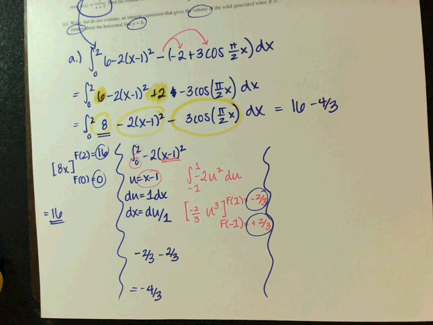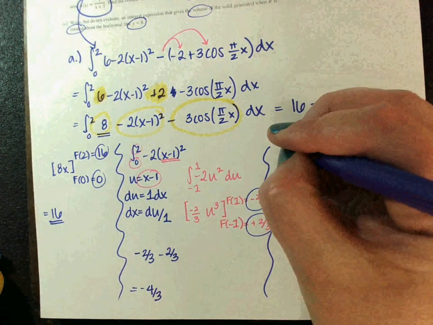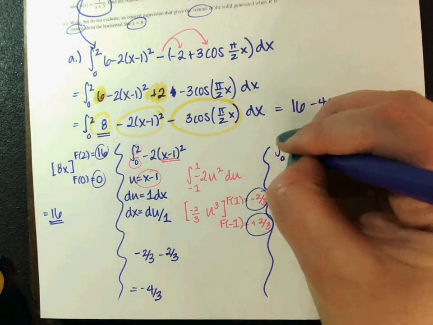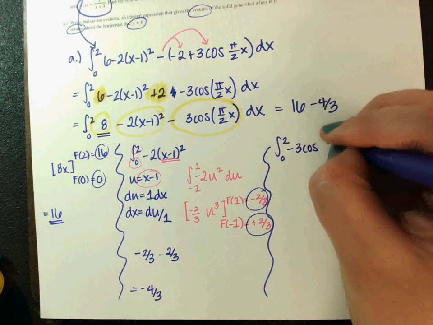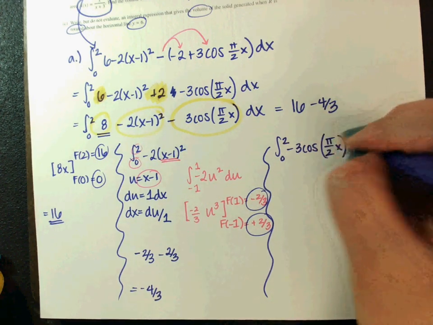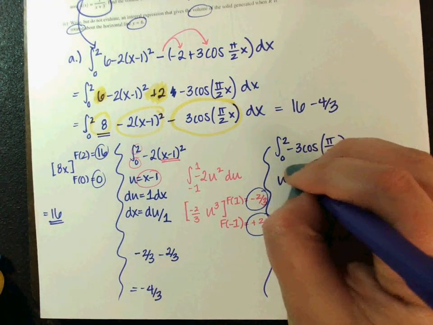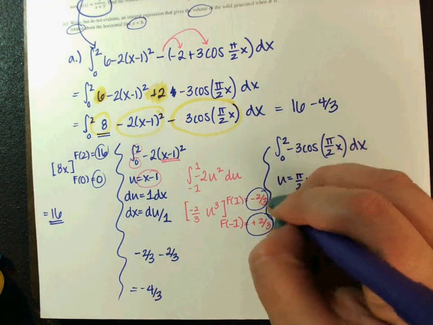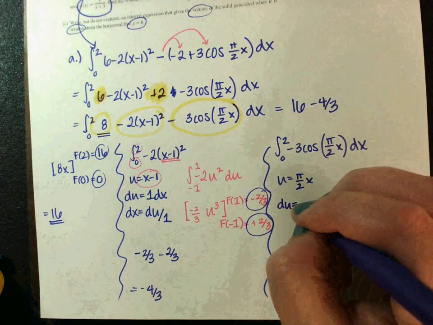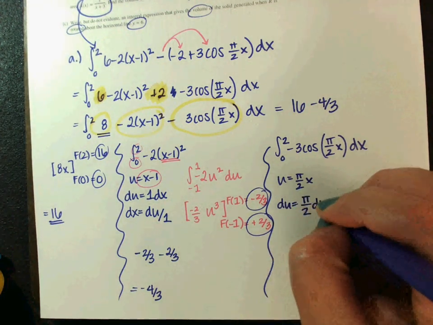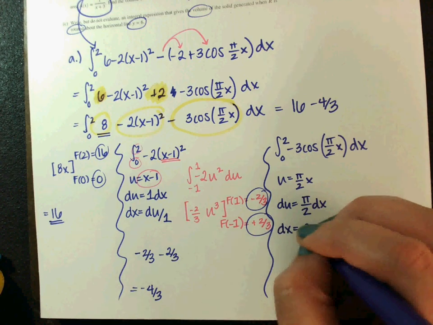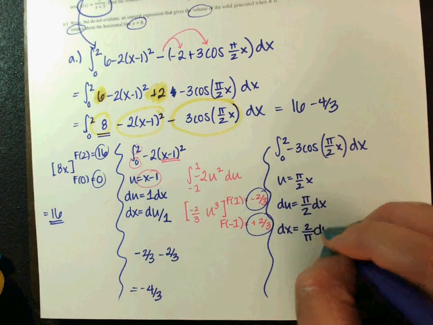Okay, last integral, we have our integral from 0 to 2 of negative 3 cosine of pi over 2 x, dx. So my u is going to be pi over 2 x. Then the derivative of pi over 2 x is just pi over 2 dx, which means that dx is 2 over pi du.